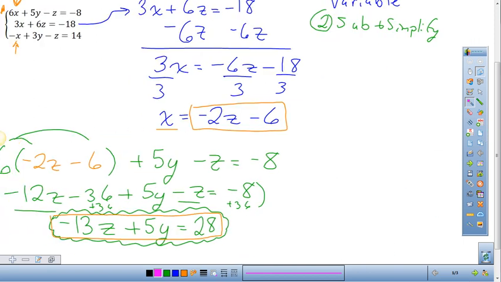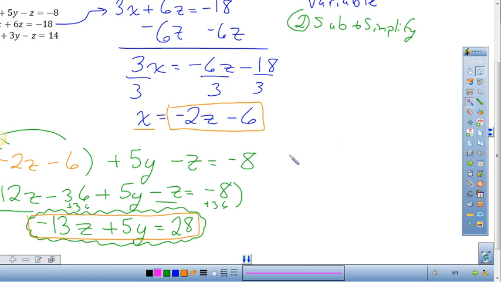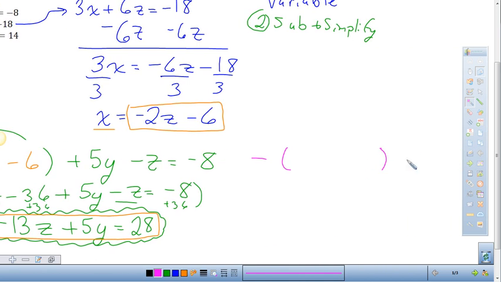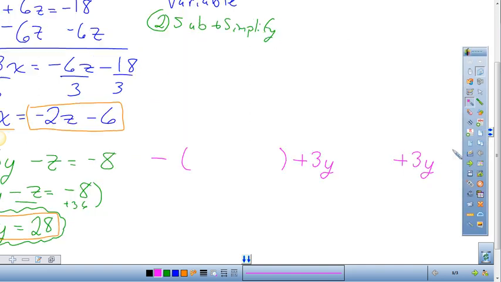And we've got negative x, and again we're substituting in for x. I'm going to put a big set of parentheses, plus 3y minus z equals 14, and I am substituting in my negative 2z minus 6.